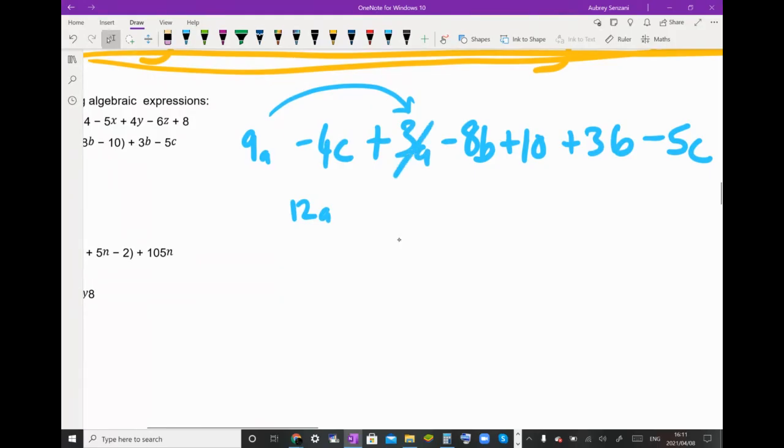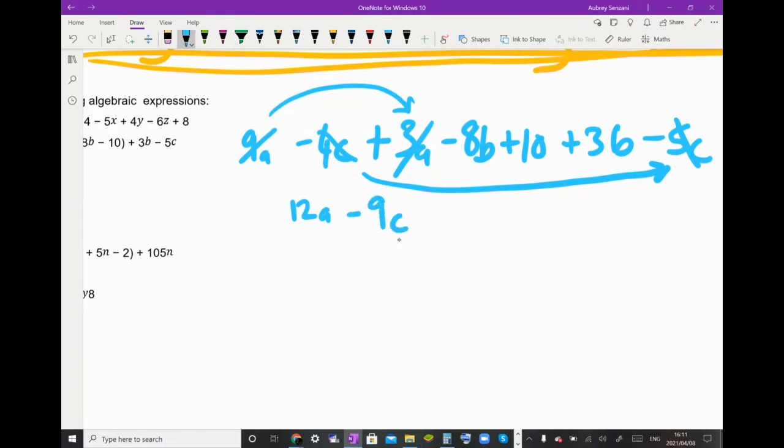Then we can say negative 4C, and we have another negative 5C over there, so it's going to be a negative 9C. Then we have negative 8B and positive 3B, which gives you a negative 5B. And then we have a positive 10.